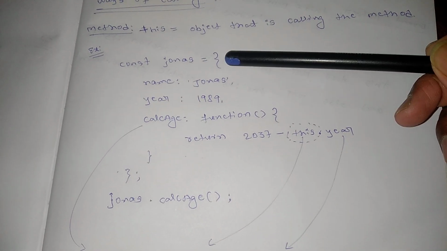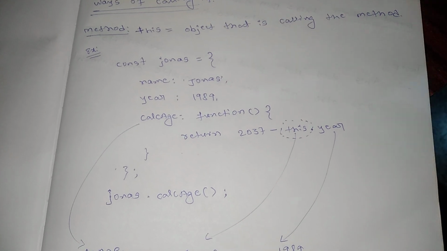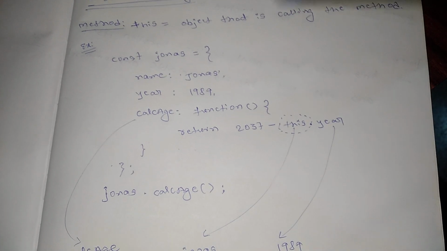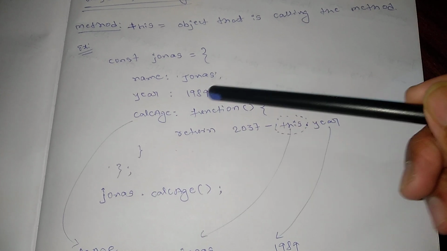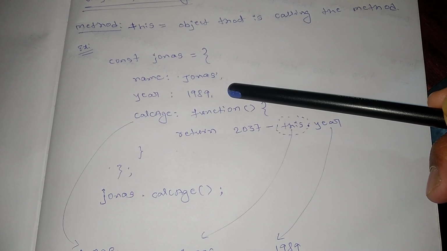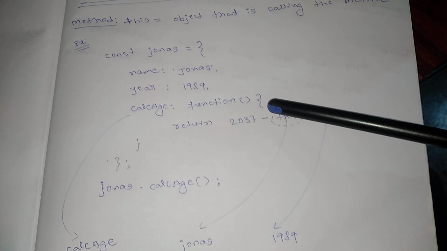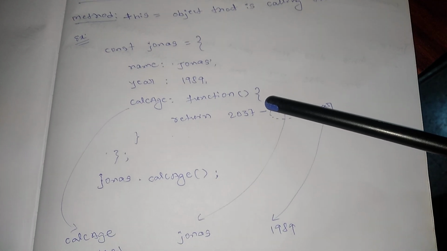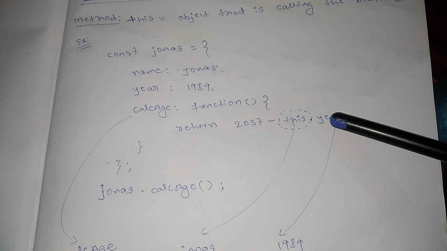we have here the object. Okay, so const Jonas is equal to, and this is the object with key value pairs, like name is equal to Jonas, year is equal to 1989, and there is a function which is defined inside the object. A function is also a value, an expression which gives a value, so that's why you can define it anywhere.